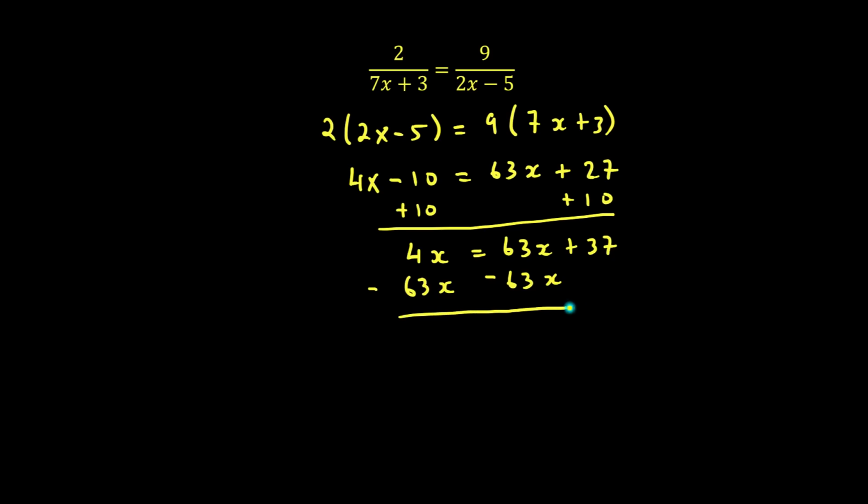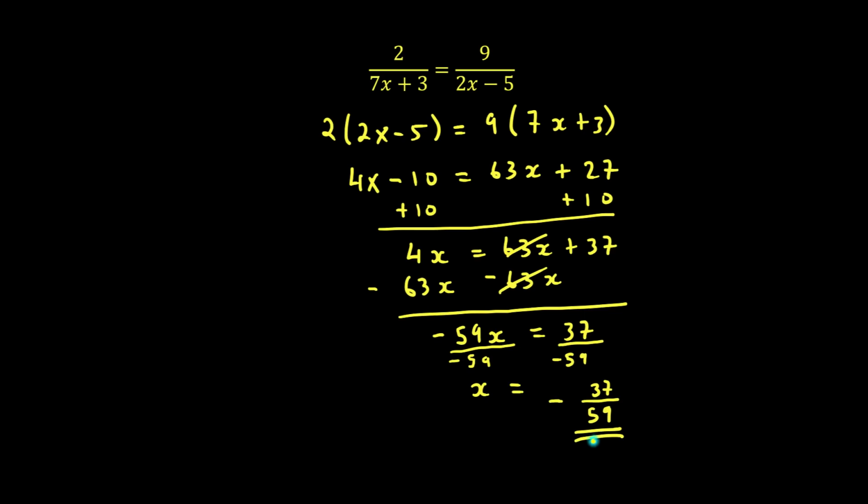Go ahead and do that. These would cancel from here. 4x subtract 63x will simply give me negative 59x, and that's equal to positive 37. So I need to divide both sides by negative 59, and x would then simply equal 37 over 59. That would be my final answer.